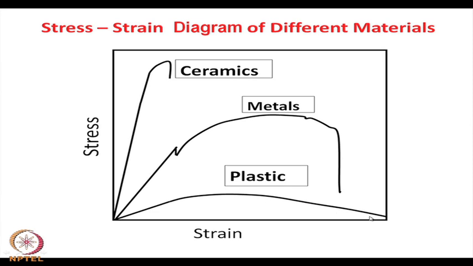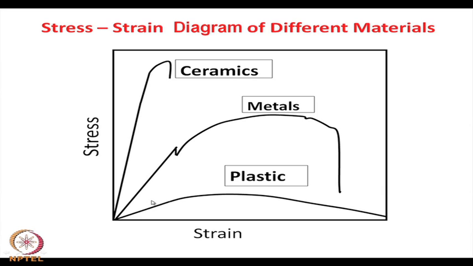That means a very large strain can be produced with a small amount of mechanical stress, whereas metal is in between and needs larger stress to attain the same amount of strain. Ceramics, which is known to be a brittle material, needs much larger stress even for a small amount of strain.